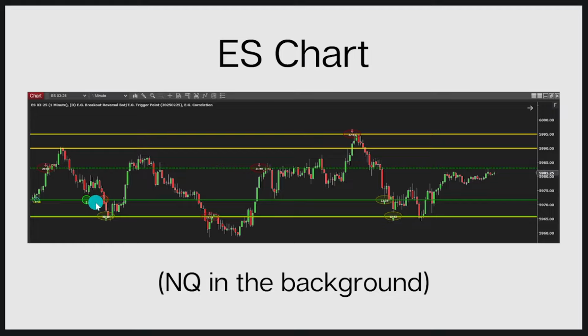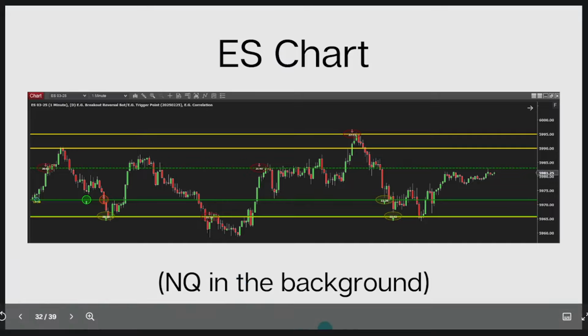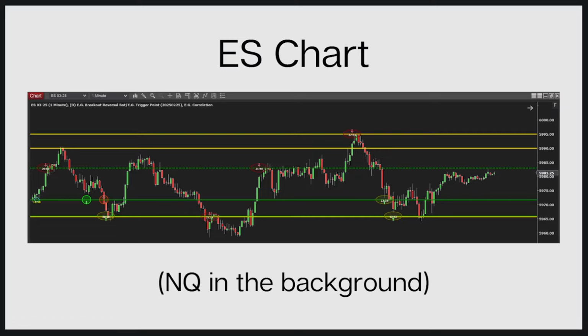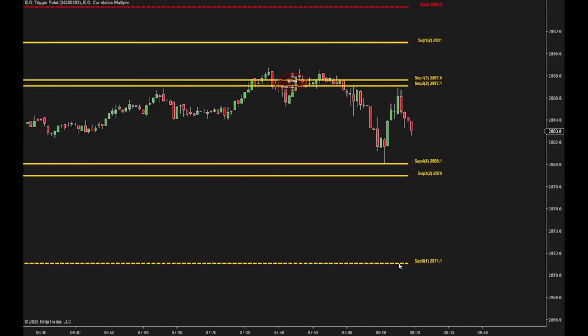Even the break through support here, short opportunity, and long signal, short signal, another short. You can see the signals do not lag. And this is the strength of this indicator because it analyzes the markets before they reach the levels, when they get close to the levels. That's why the signals do not lag in most cases.